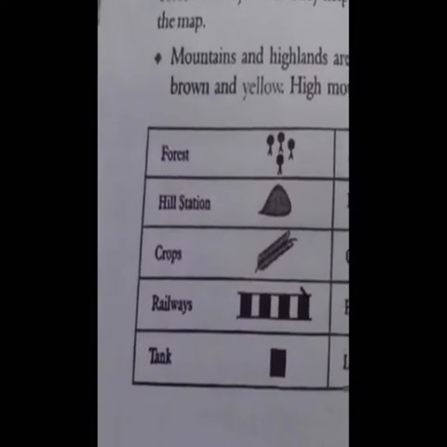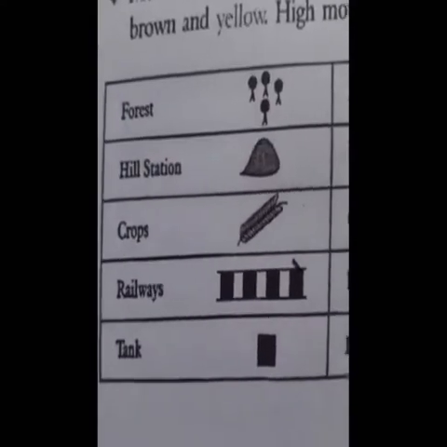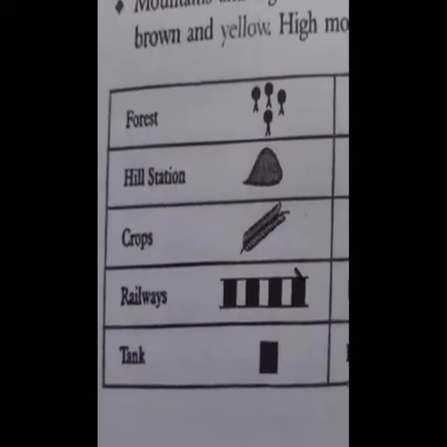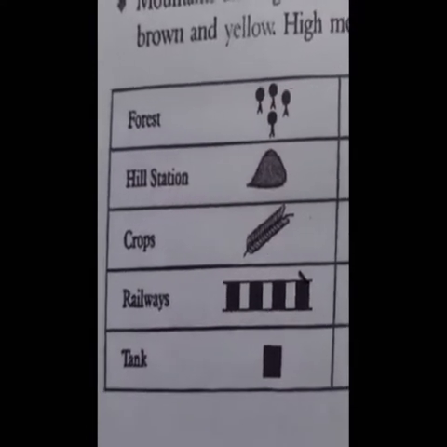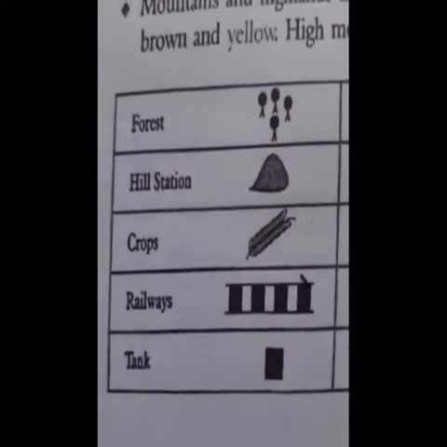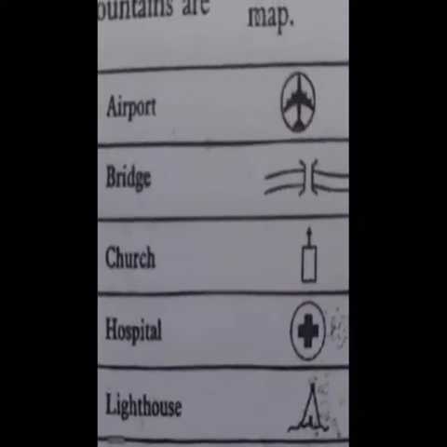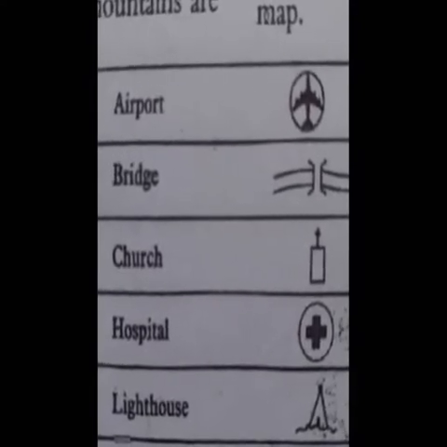Water bodies are shown in blue, but different shades are used to indicate shallow water and deep water. Symbols are marked on a map to show cities, capitals, roads, railways, airports, hospitals, rivers, etc.